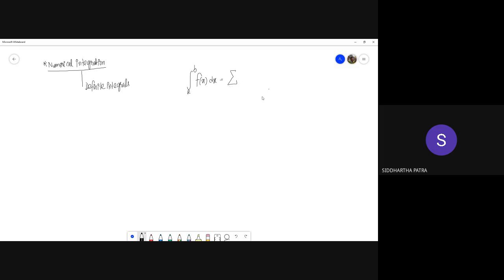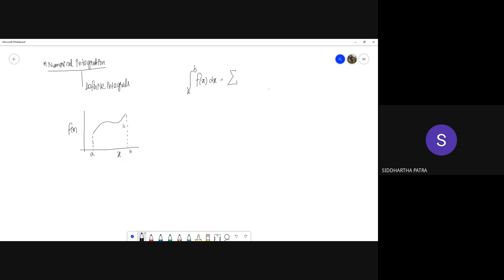To give you the crudest example, for example, if I have a function going from a to b, this is f of x, and this is x, and these are the limits on x, a and b.